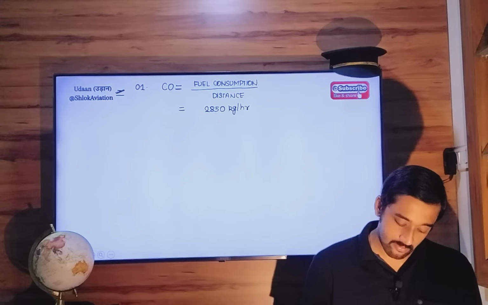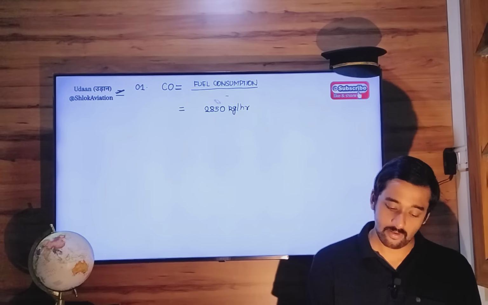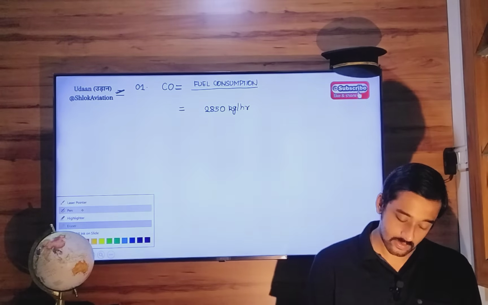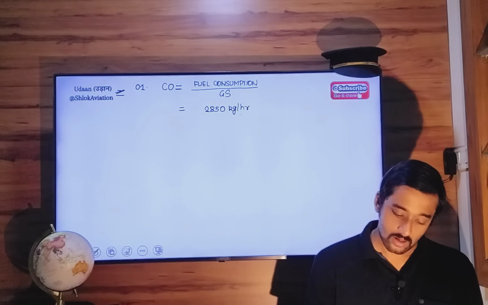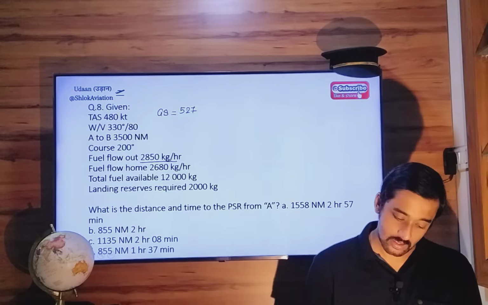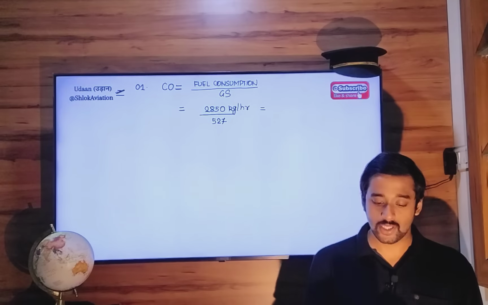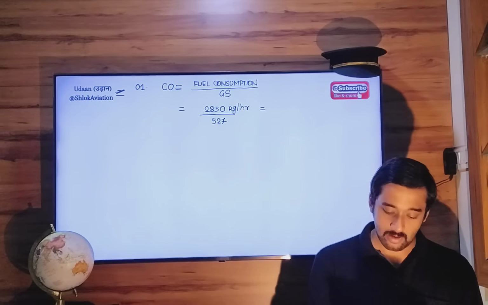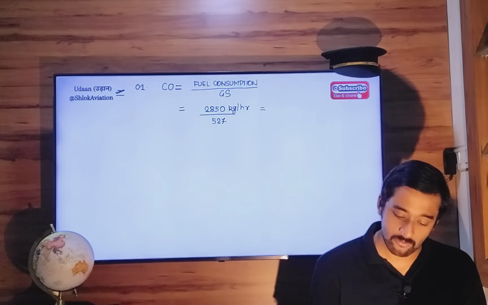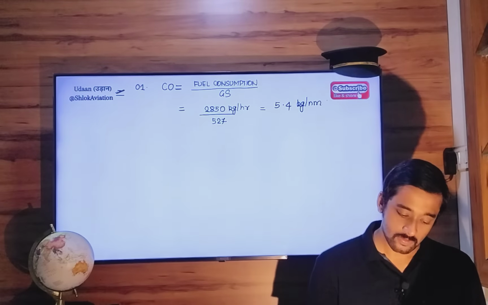Or you can just divide it by ground speed also. Okay, we will divide it by ground speed. Ground speed we have found, 527. So 2850 divided by 527 is 5.4 kilogram fuel every nautical mile.